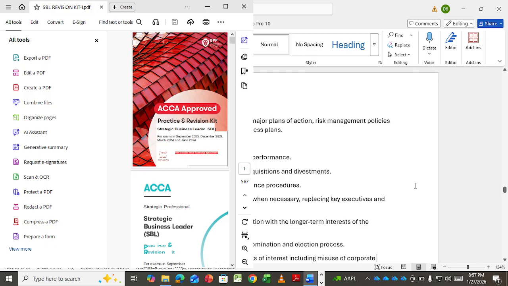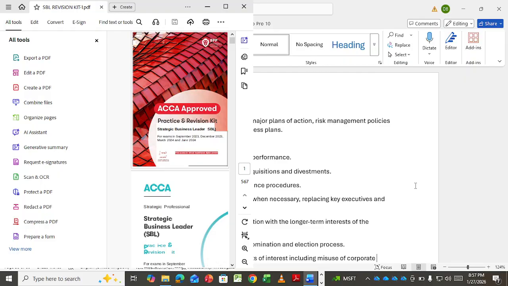So this gives a breakdown of what the executive directors will be doing in terms of managing and actively monitoring what the business is doing on a day-to-day basis. They will be reviewing the corporate strategies, the major plans, what policies have been put in place, maybe for management of risks. What are their plans?